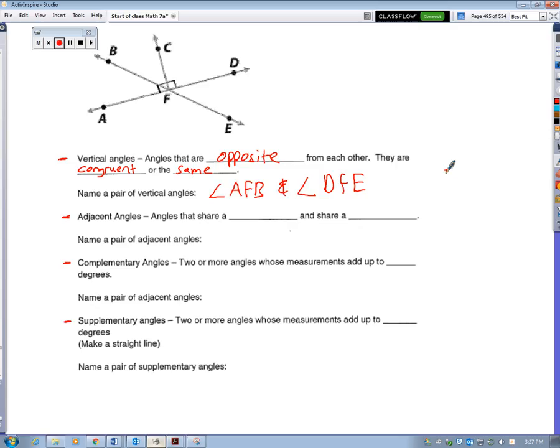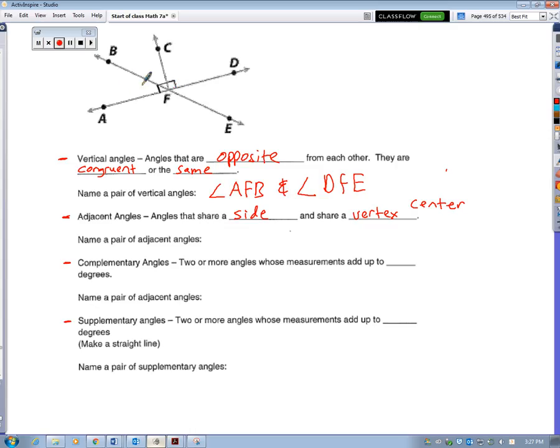Let's talk about another type of relationship, adjacent angles. These are angles that share a side and share a vertex. Okay, the vertex is just the center of the angle. Okay, the middle. So if we're looking at this figure, there are many angles here that share the same side and share a vertex.